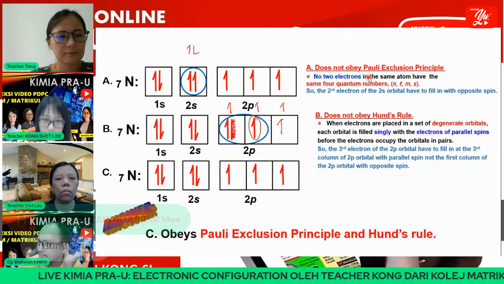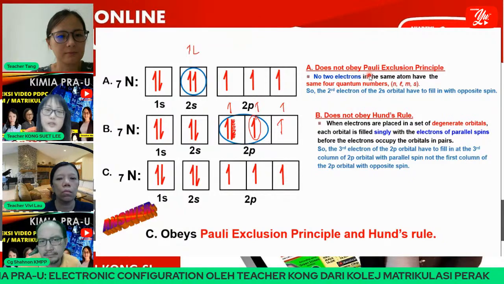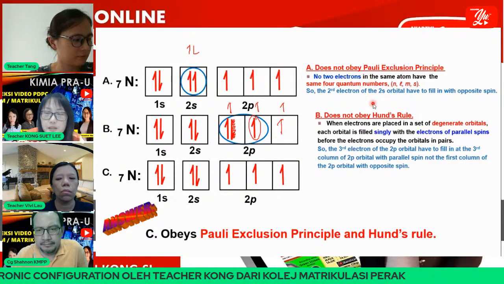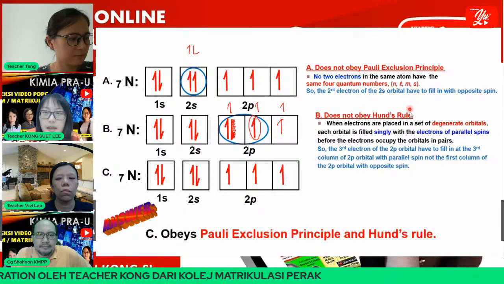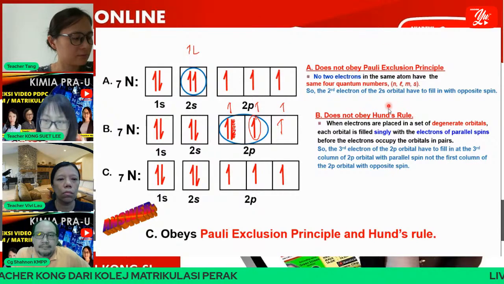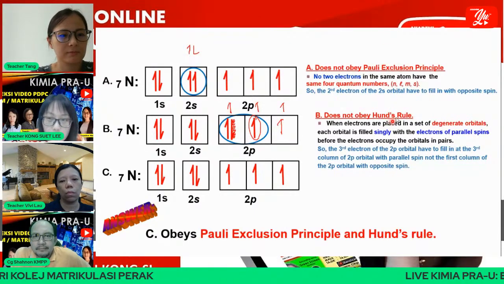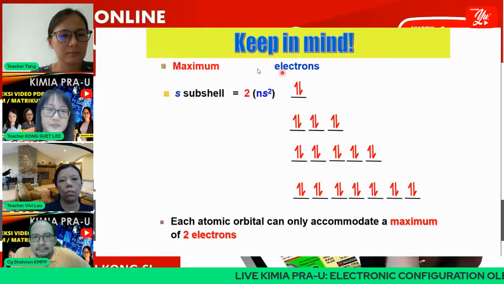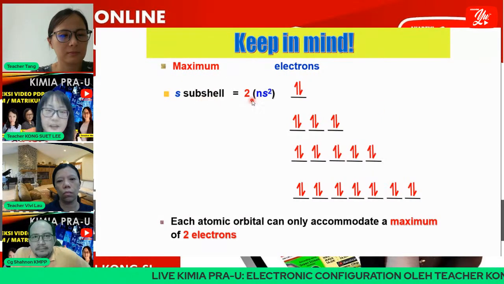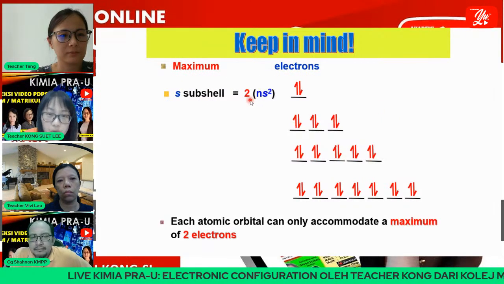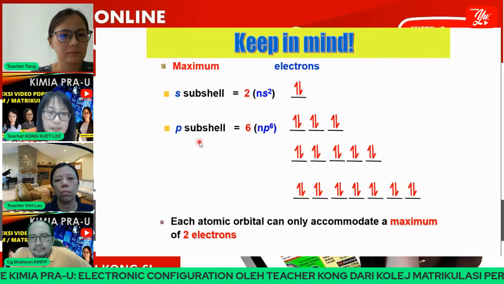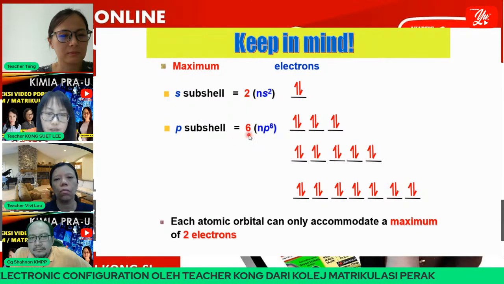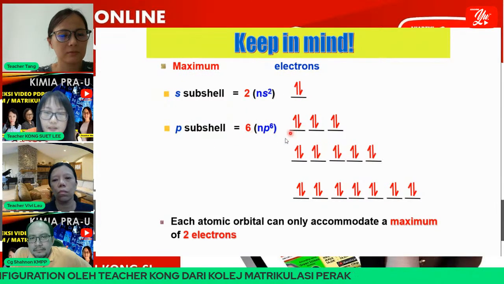You must remember the definitions of these 3 rules: Aufbau principle, Pauli exclusion principle, and Hund's rule, Hund's with apostrophe s. Keep in mind, the s subshell maximum electron is 2, s2. P subshell, maximum is 6, p6.